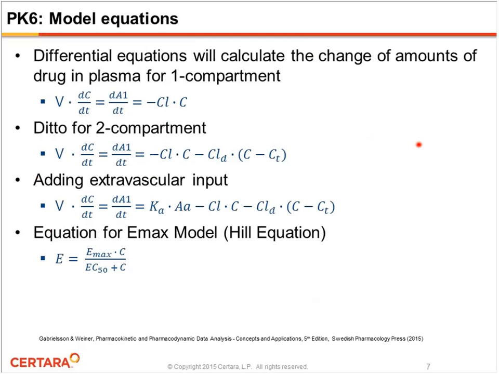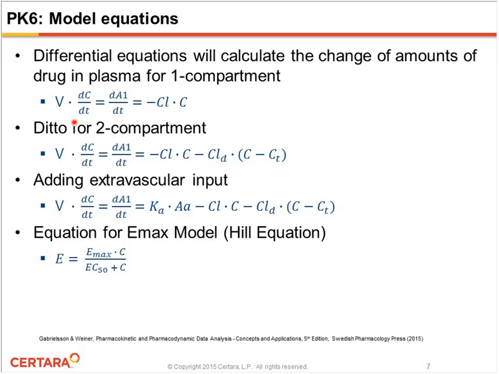When we come to the textual model, maybe let's have a short look at the model equations. And what you might have already seen in one of the previous sessions, when we use differential equations in Phoenix model, we will calculate the change of amounts rather than concentrations. And this is just given here for the most simple case, IV bolus one compartmental model.